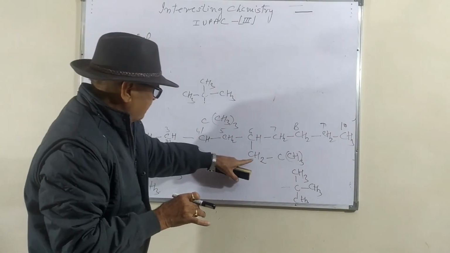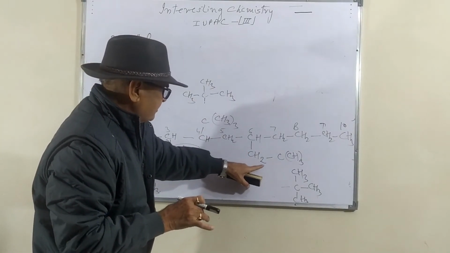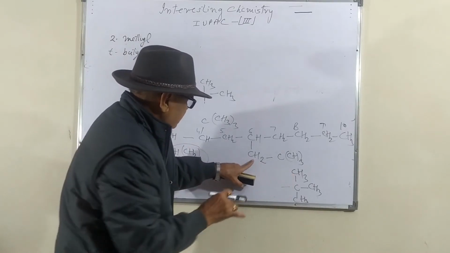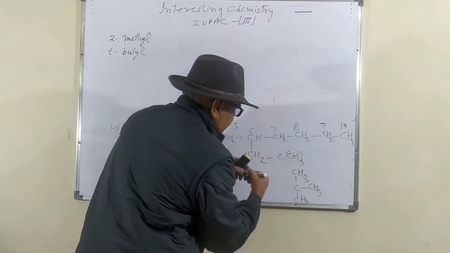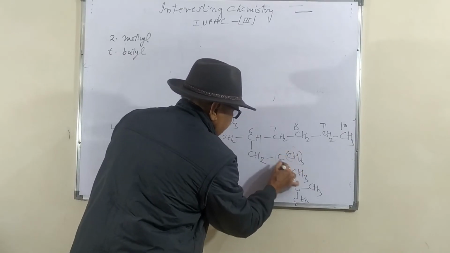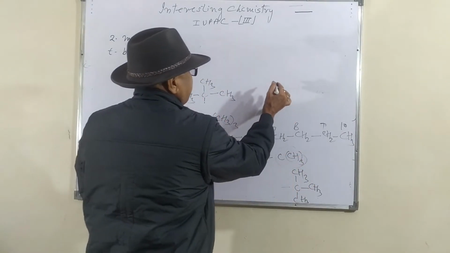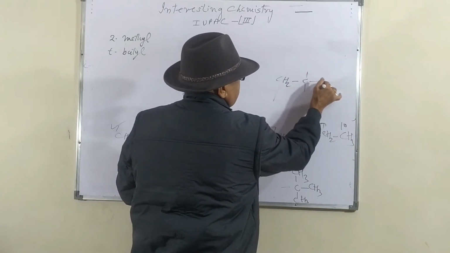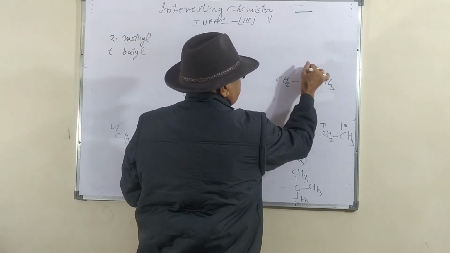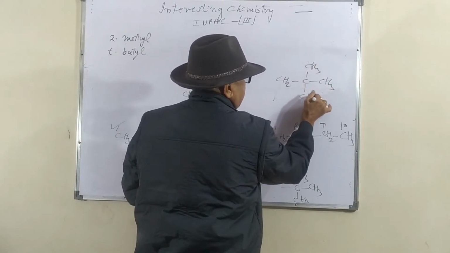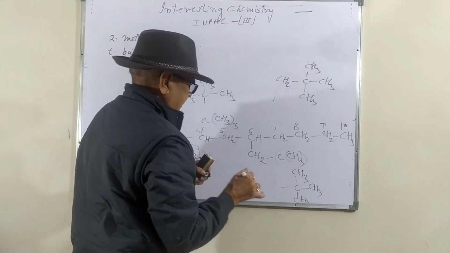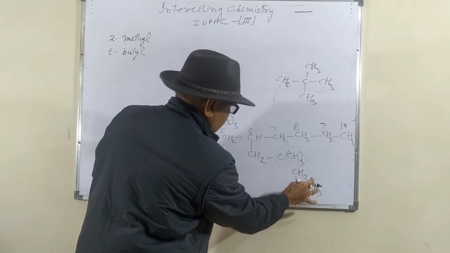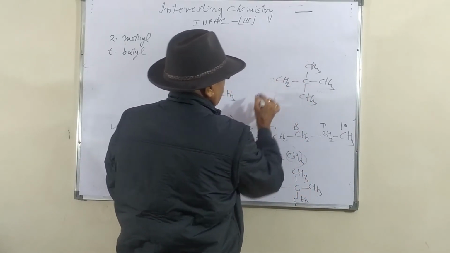And now come to this. This is the CH3. All the CH3 you will find in this way. So again I am writing here CH2, CH, CH3, CH3 and CH3, CH3, CH2, CH3 and this is CH2.